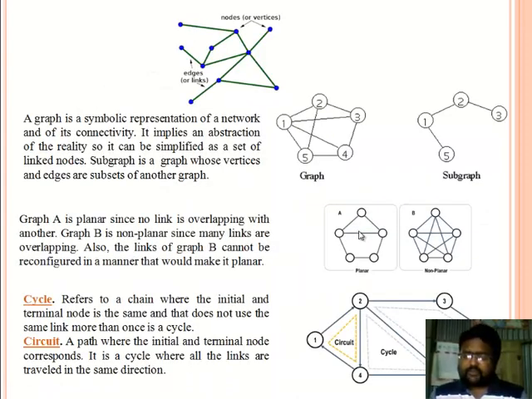So now we will be talking about the fundamental concepts or ideas about the graph and graph theory. A graph is a symbolic representation of a network and of its connectivity. It implies an abstraction of the reality, so it can be simplified as a set of linked nodes.